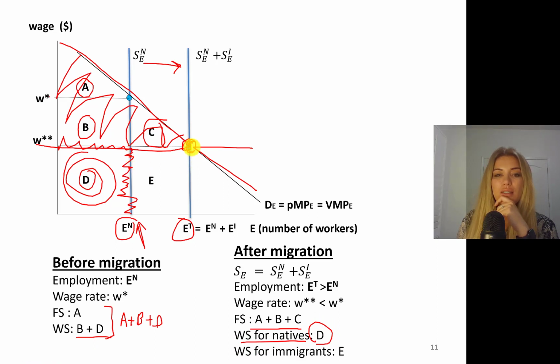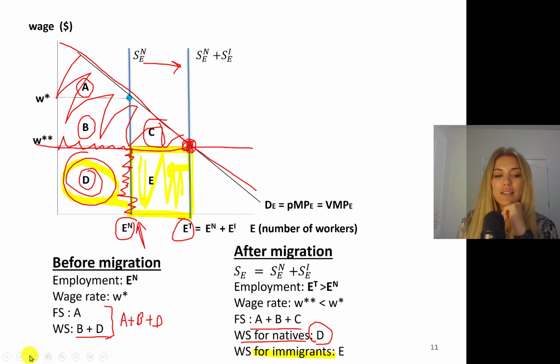Immigrant workers get the area above their supply curve, I mean this side of their supply curve, from this area, because this area wholly goes to the native workers, and this area, their wage rate and their number, this is going to be worker surplus for immigrants.